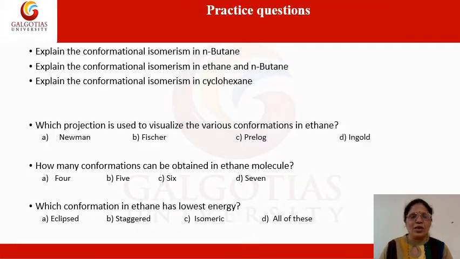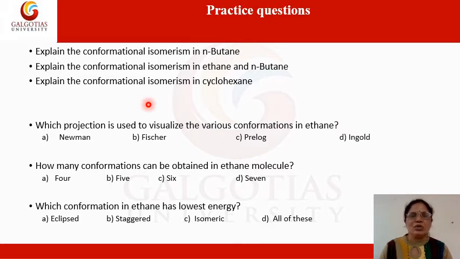These are the important questions which can be asked. Conformational isomerism can be asked in n-butane, it can be asked in simple ethane molecule itself, and sometimes there can be a question on explaining the conformational isomerism in ethane as well as n-butane. In this case we have to explain the total conformations possible in both of these molecules when the carbon-carbon bond is rotated every time by 60 degrees.